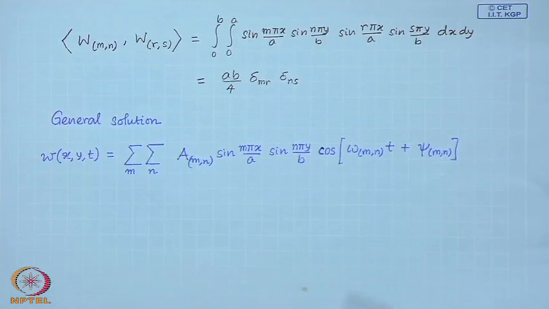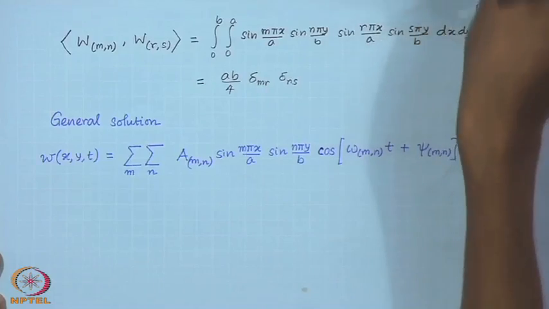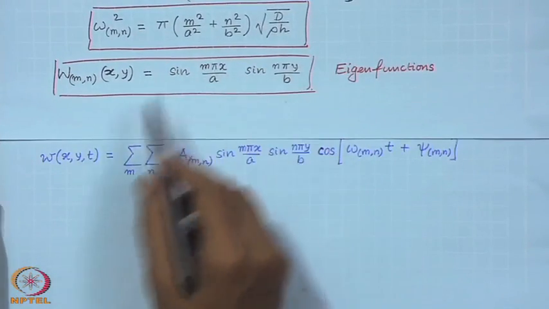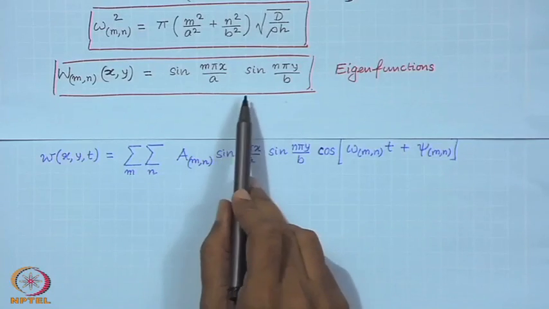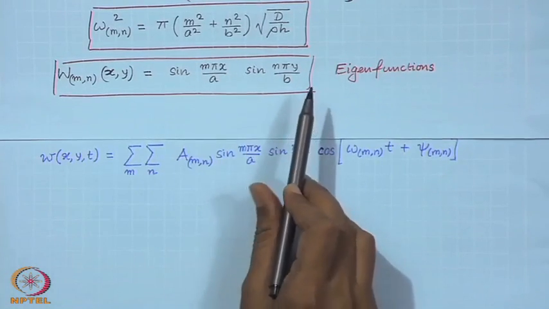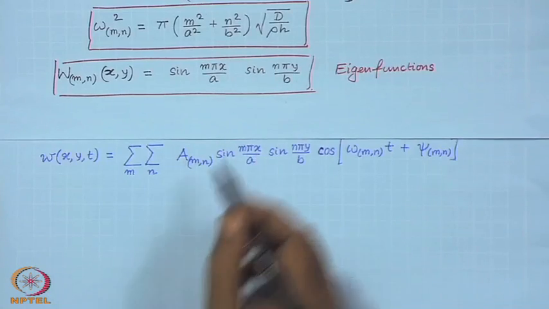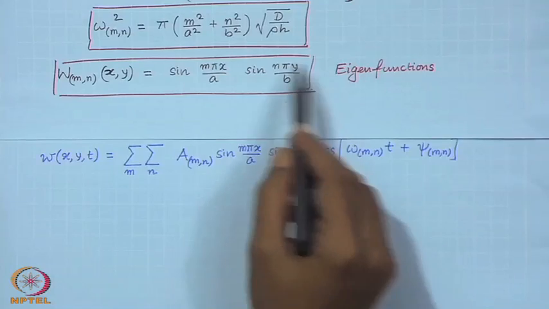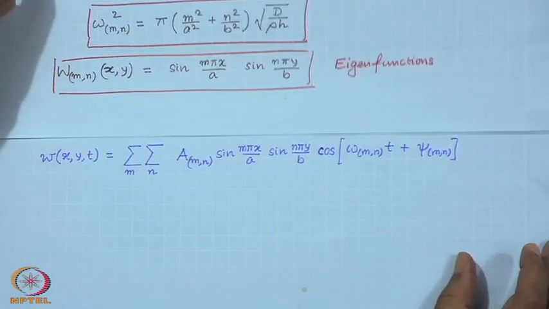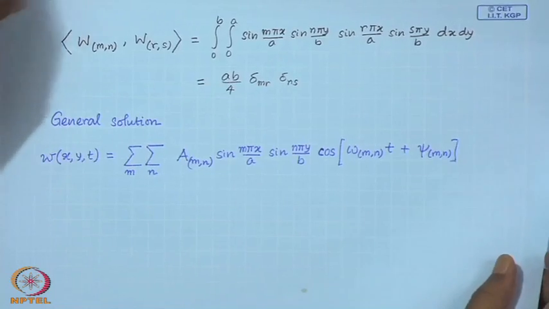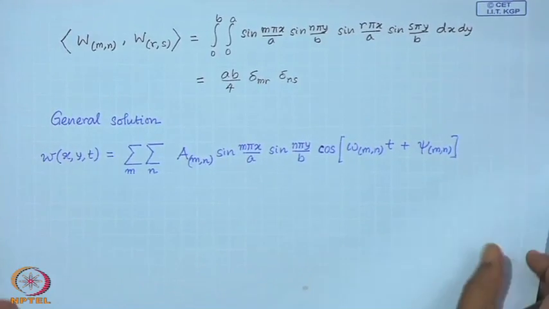So, we can have this general solution. Now, let us look once again at these eigenfunctions. We have obtained these eigenfunctions even for membranes, so the modes of vibration are the same for the simply supported plate and that of the membrane.